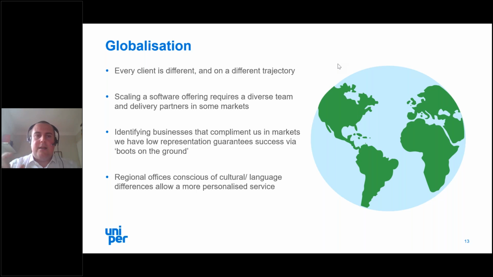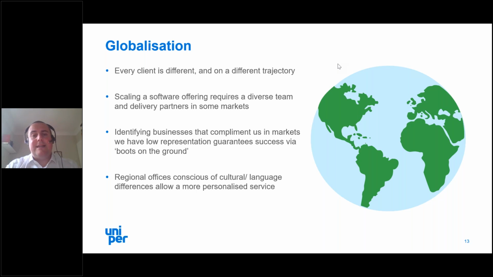But when scaling a software offering, it's really important to not just rely on yourselves, but also have delivery partners in markets where you may not necessarily be the expert. So what we've done is, in certain markets, so for instance in South America and Australia, we've identified businesses that complement us where we have low representation.